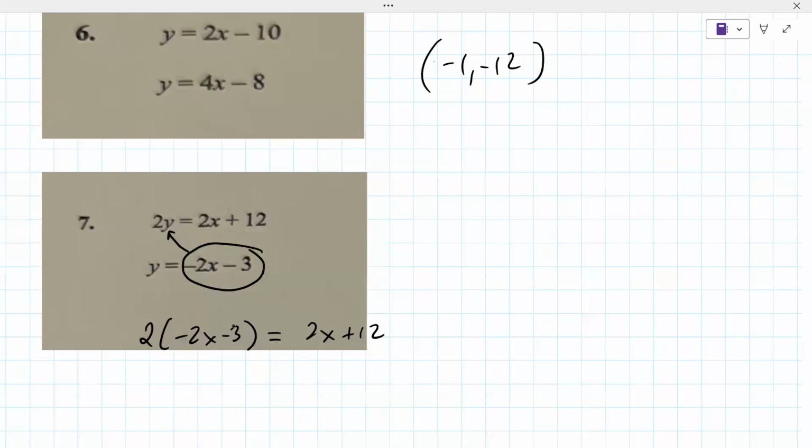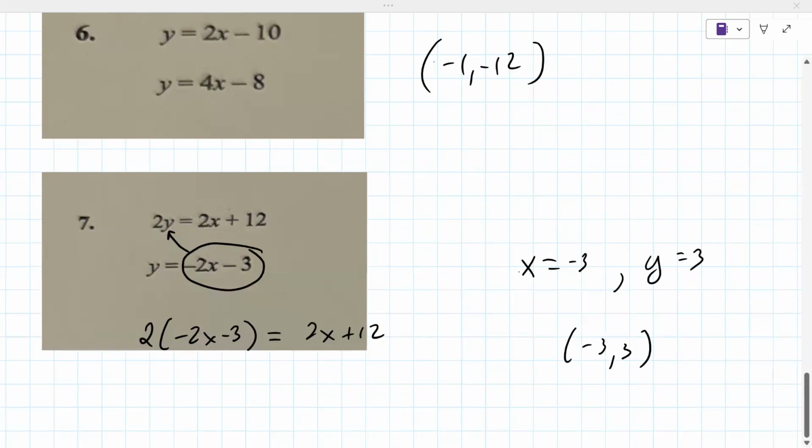And then I got x equals -3. Okay. And then what about for y? For y, I got just 3. Okay. And does it work in both equations? I'm checking that right now. Yes, it does. Good job.